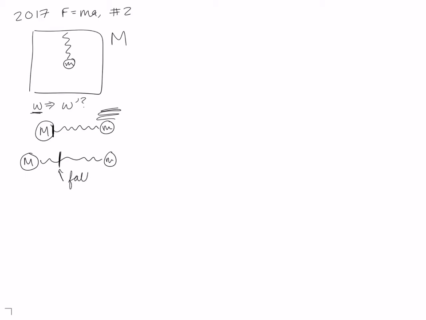Rather, the only thing that does remain stationary and that does undergo true free fall will be our center of mass. And while our center of mass is falling freely under the influence of gravity, we have oscillation here and we have oscillation here. So we want to find the center of mass.